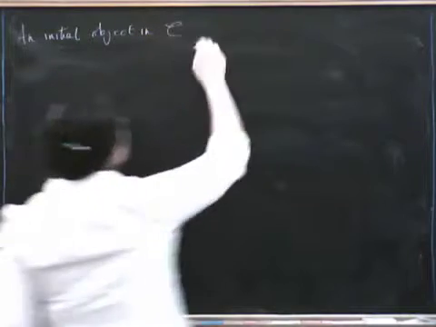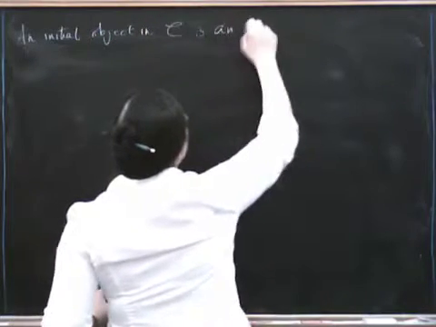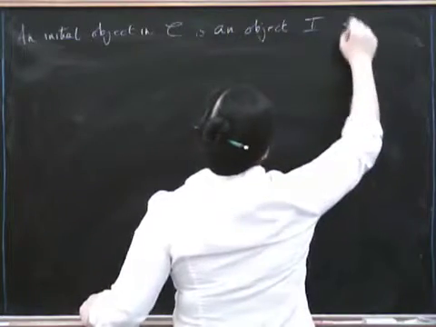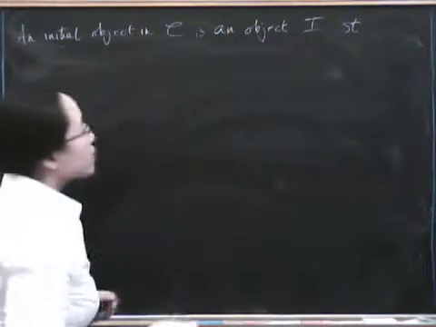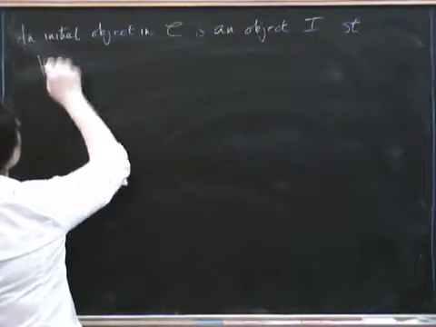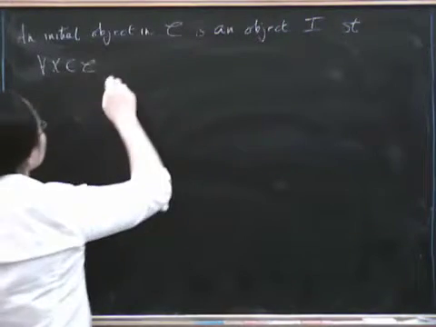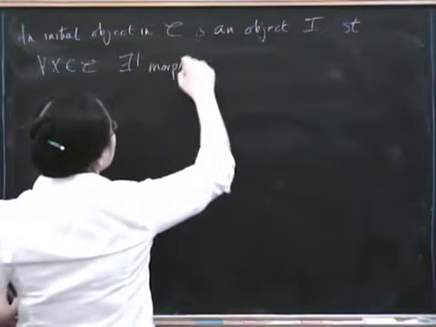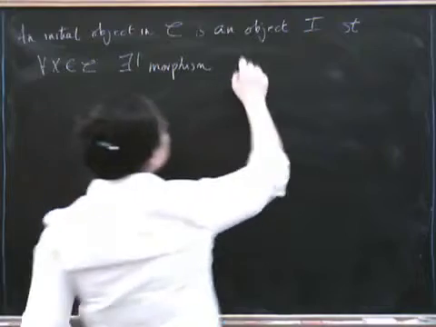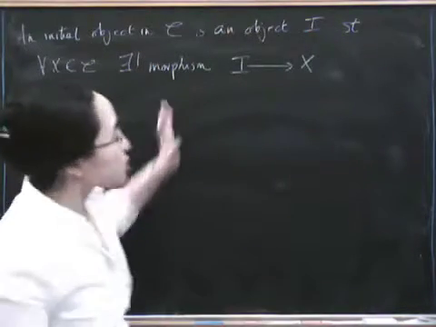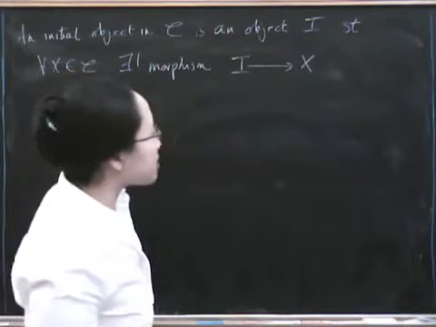in a category C is an object I such that, well, what's the universal property? The bit that comes next is the universal property: for all objects X in the category, there exists a unique morphism from our initial one to our other one. So it's the kind of starting point, because it's initial, right?